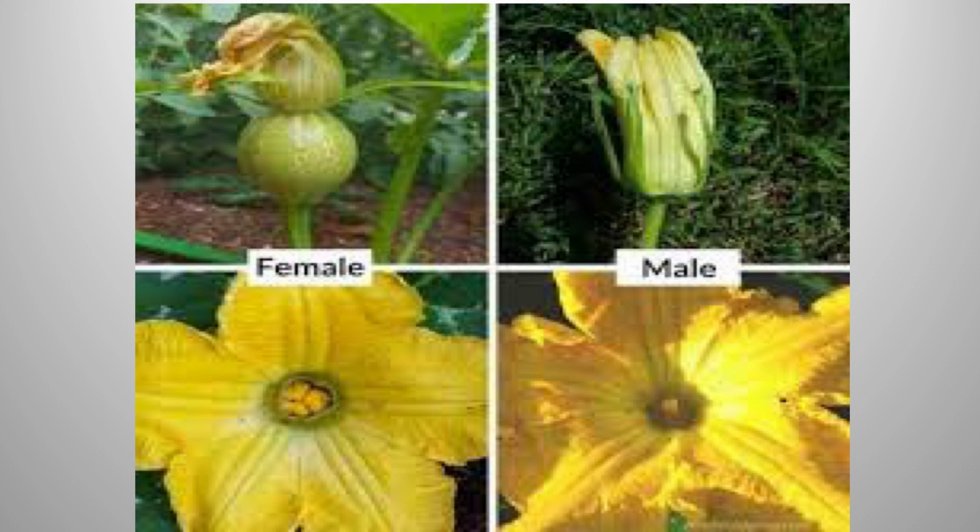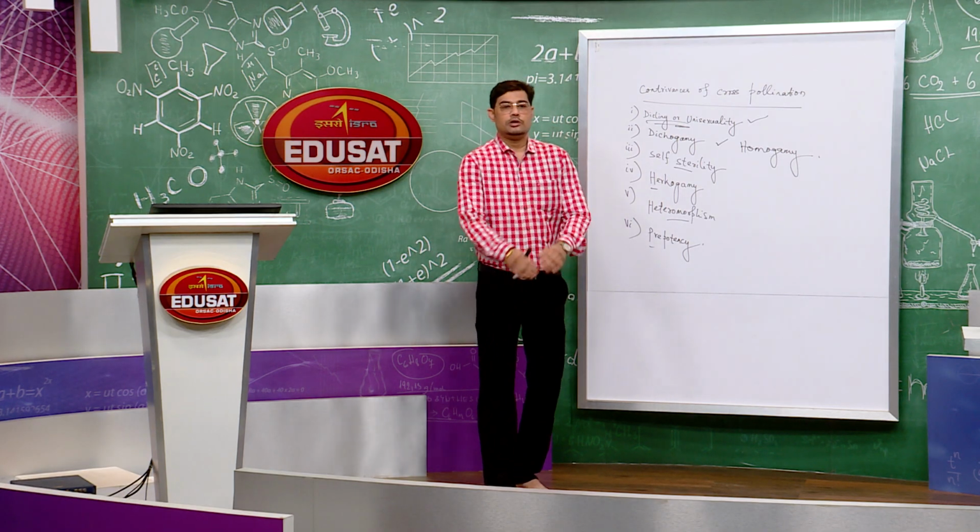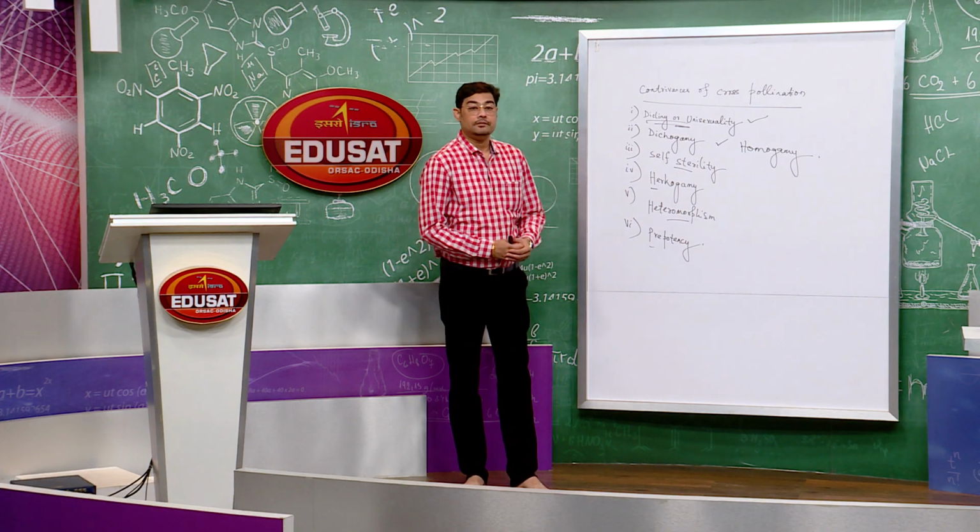Naturally, when a single plant bears both male and female flowers, the chances of geitonogamy are more, which genetically is a type of self pollination, but ecologically is a type of cross pollination.